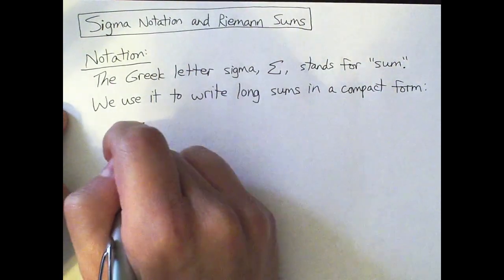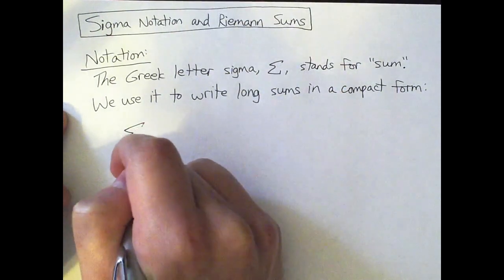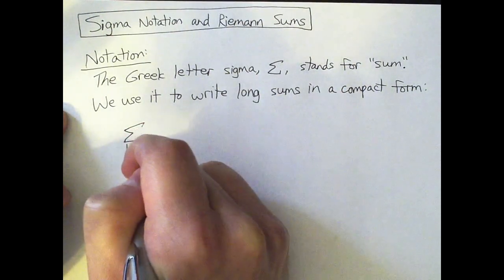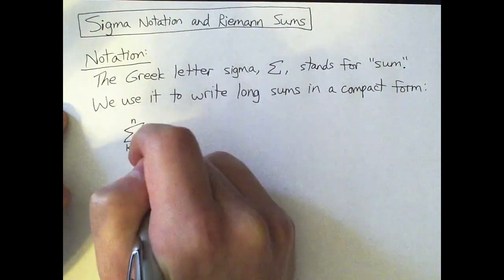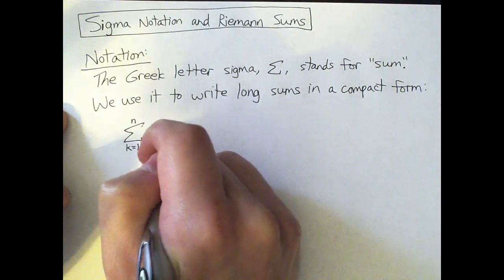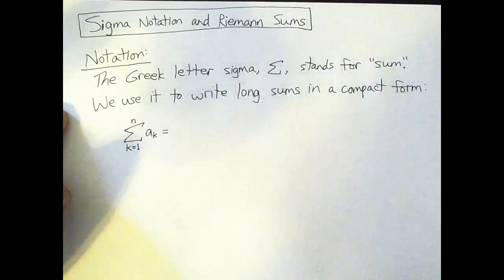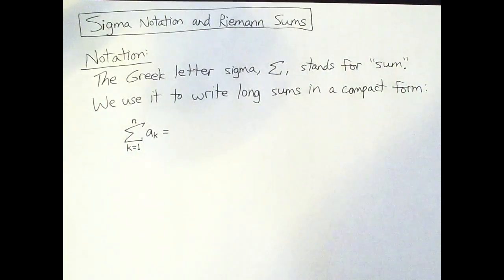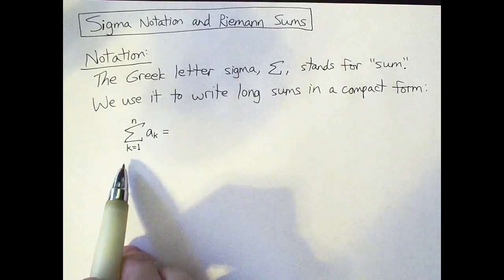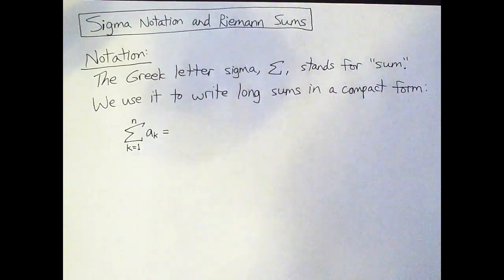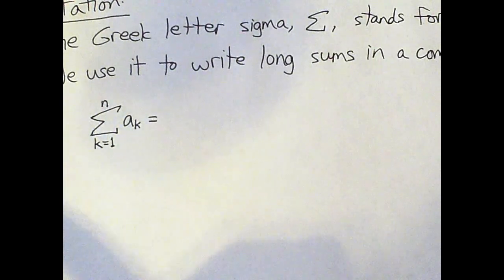So, this might look weird at first if you haven't seen it before. We write the Greek letter with some stuff underneath it and above it, and something next to it. So I wrote sigma. Underneath it, I wrote k equals 1. Above it, I wrote a lowercase n.